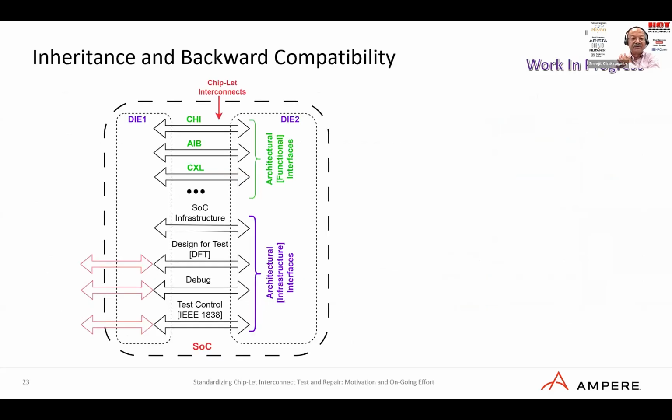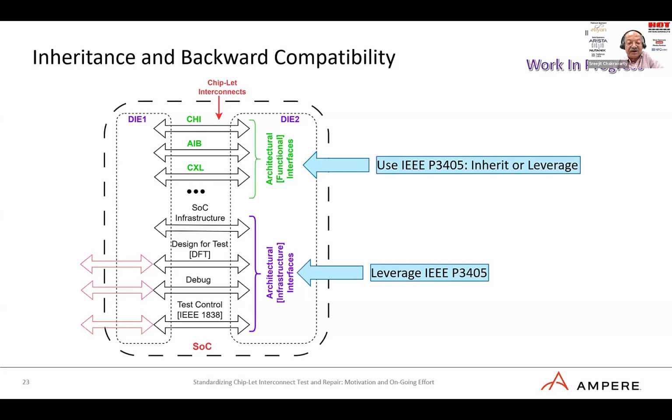Okay. So if I look at inheritance and backward compatibility, what we say is that either use P3405, inherit or leverage. Okay. Because there is the inheritance property. But for the rest of them that have no standard, no test and repair, directly use it. So we will cover all these interfaces. All of these interfaces are important and we will cover all of them.